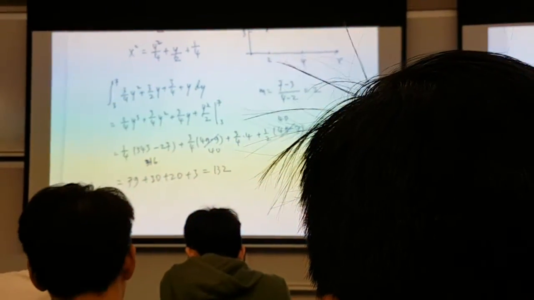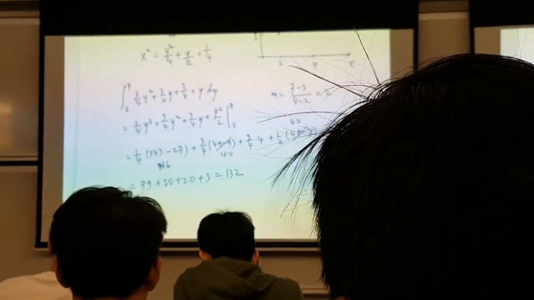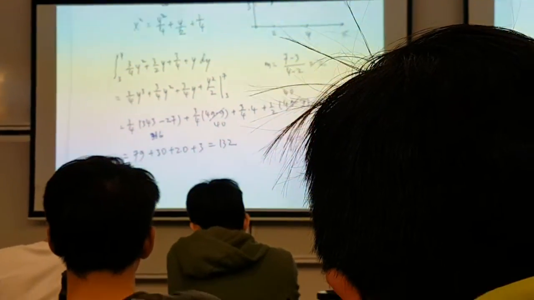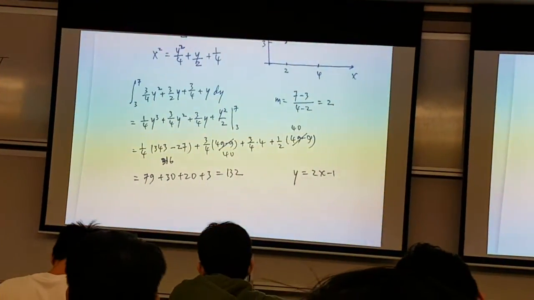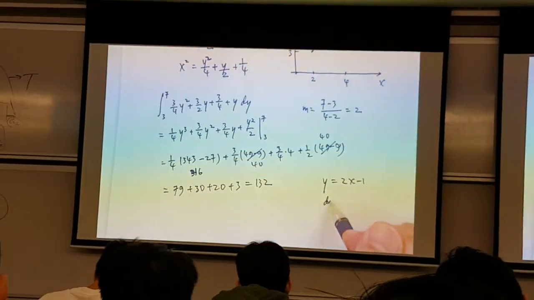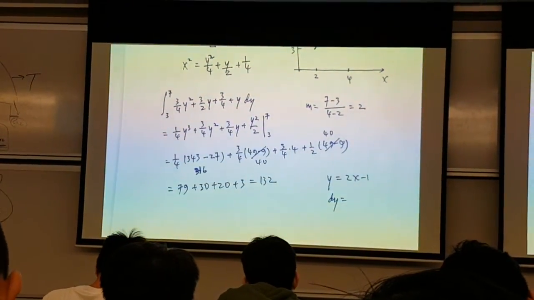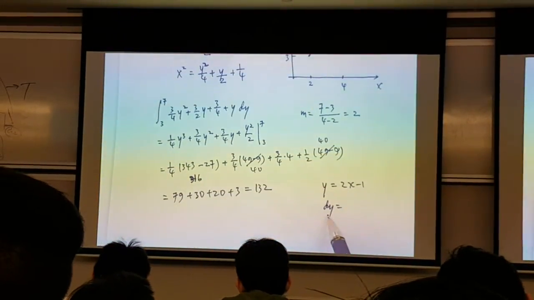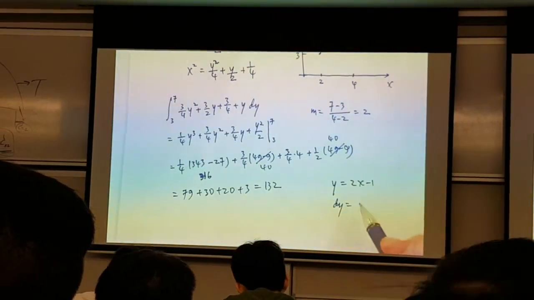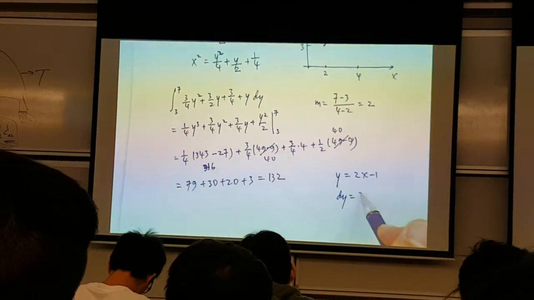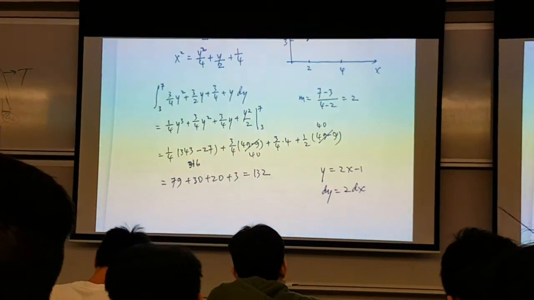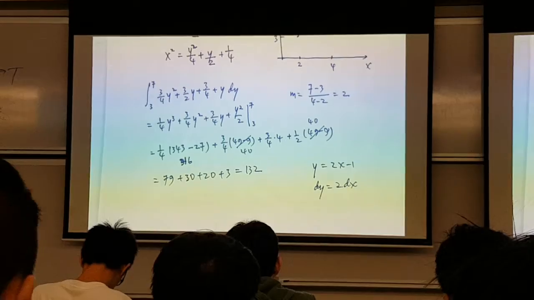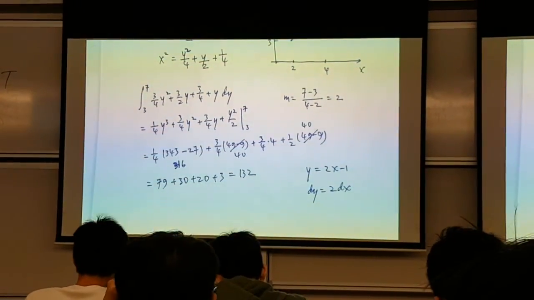Okay, we can also change it, because from the line equation, y is equal to 2x minus 1. If we try to find the relationship between the differentials of y and x, you can see that dy is equal to 2 dx.